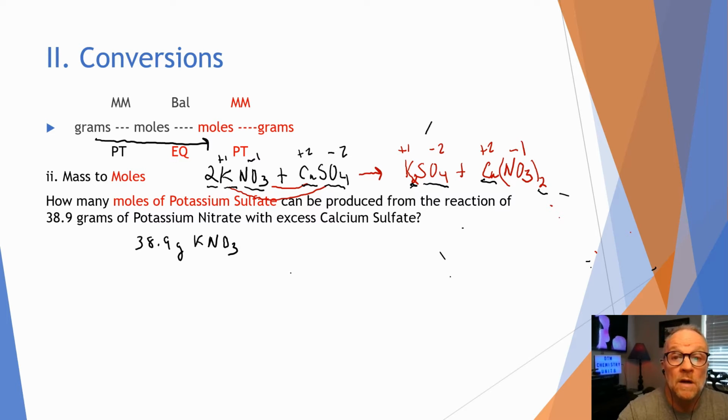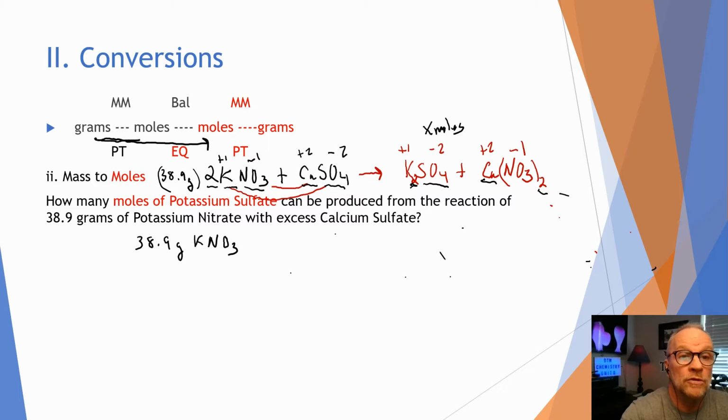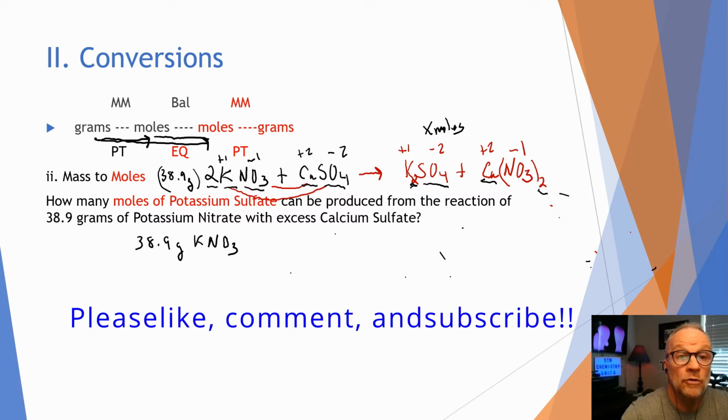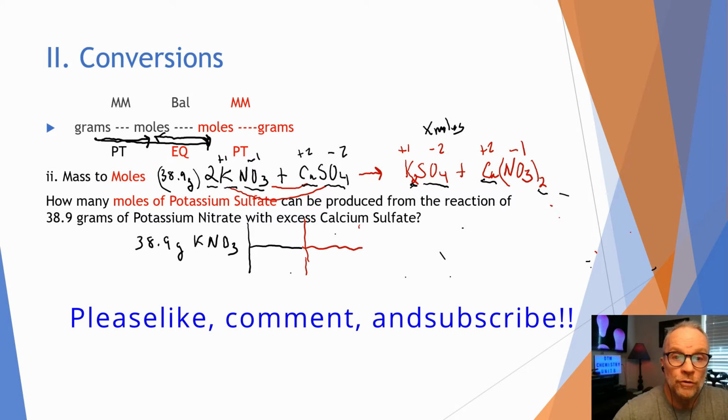So those are the two chemicals that will be involved, and we have two steps because we've got to go from grams of one chemical to moles of the same, and then from moles of one chemical to moles of another chemical. So we'll need two conversion factors here, moles to moles there. Alright, so let's get started on it.